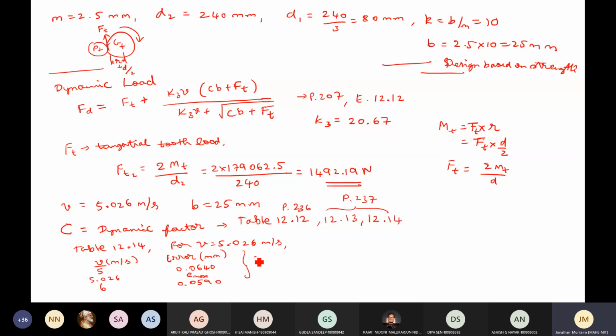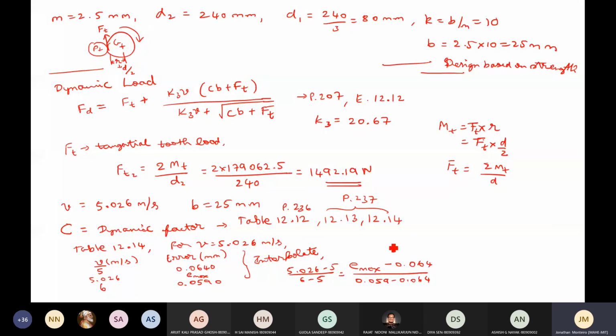So interpolate. When you interpolate, what will be Emax value? You know how to interpolate. I'll just give you one form of the equation. 5.026 minus 5 by 6 minus 5 must be equal to Emax, the value which you want to find out, 0.064 by 0.059 minus 0.064.